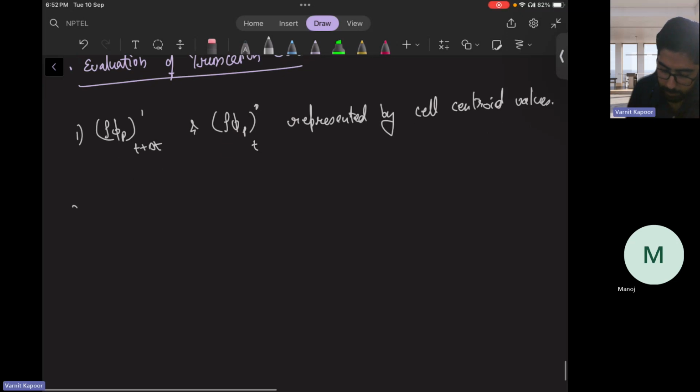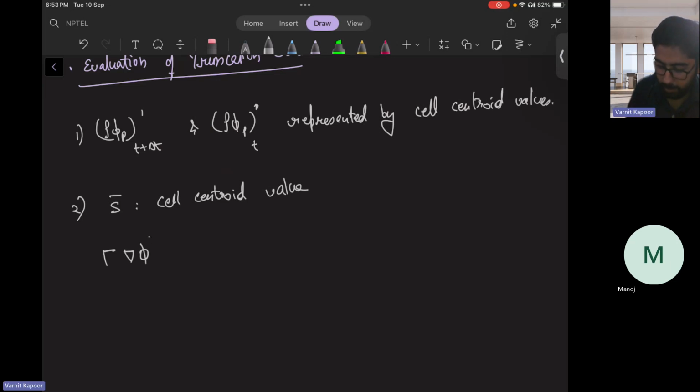And second, the source term S is also a cell-centered value. The term gamma grad phi at the face is taking face-centered values.